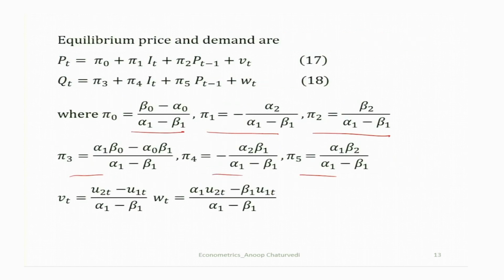Say, if you divide pi 5 by pi 2, then you get alpha 1. If you divide pi 4 by pi 1, then you get beta 1, and so on. So, you can obtain all the structural parameters in terms of pi's.